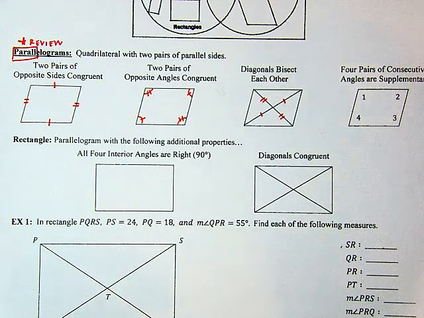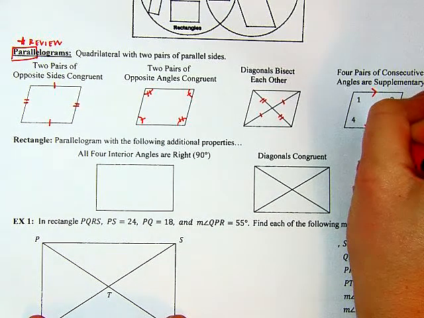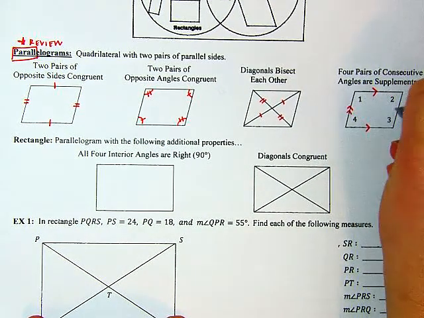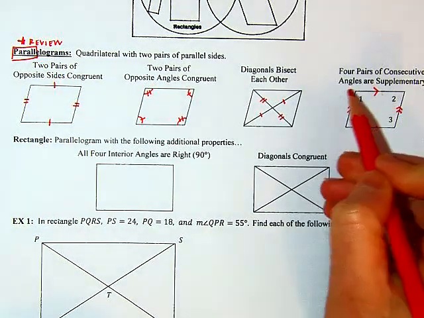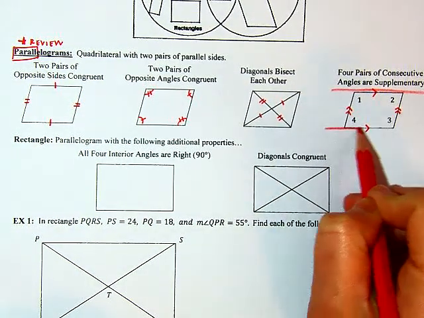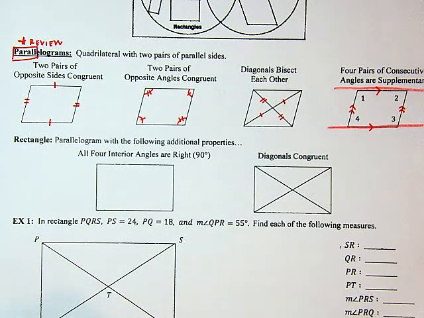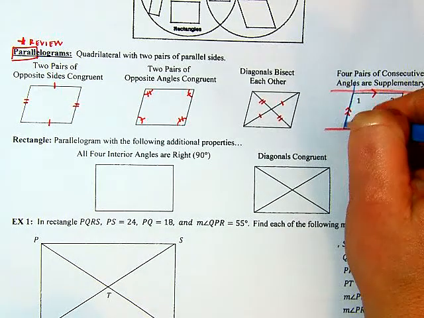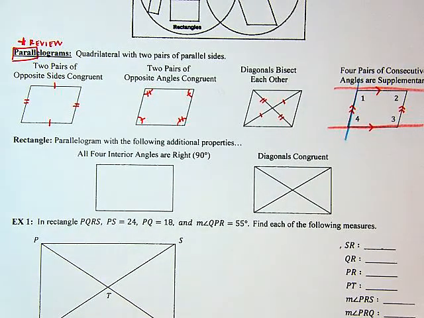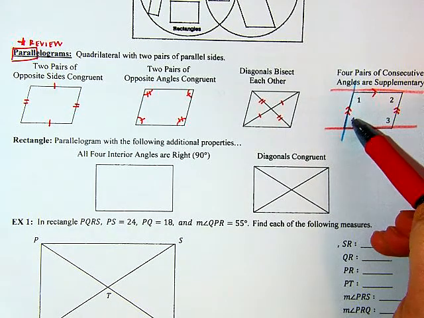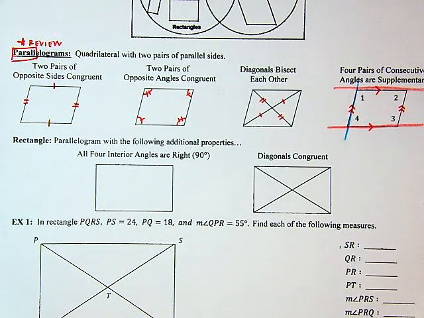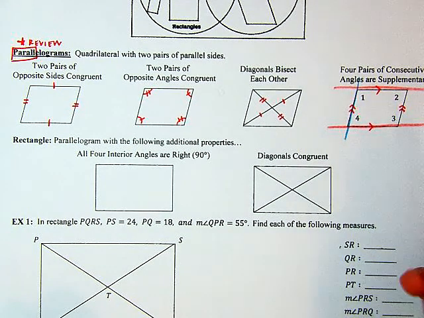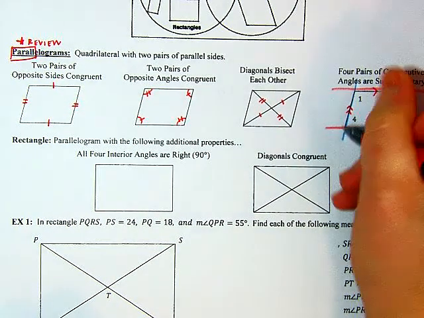So because I have two pairs of parallel sides, here and here, let's say that I draw in a pair just to help you visualize, here and here, and I view this as my transversal, right, I can see this pair of same side interior angles that are supplementary. And now we're saying, well, let's just call them consecutive. It means the same thing. So then I have the four pairs of consecutive angles that are supplementary.